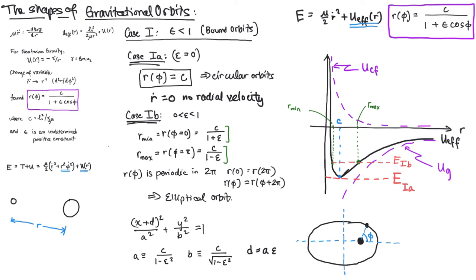And we can represent graphically the variables A, B, and D. A is given by this semi-major axis, so it's half, in this orientation, the width of the ellipse. B is half the height of the ellipse, semi-major and semi-minor axes. Here we have our min. And here we have our max.